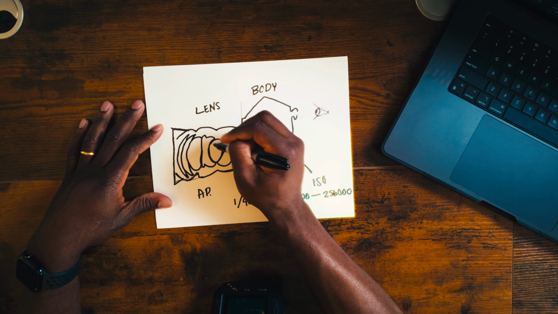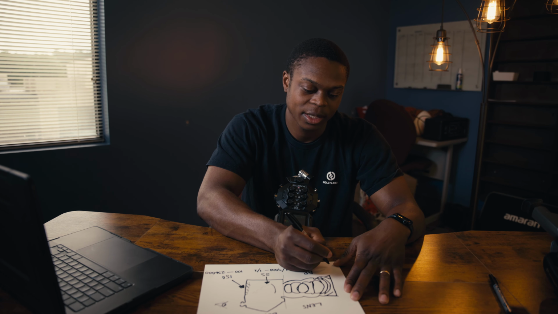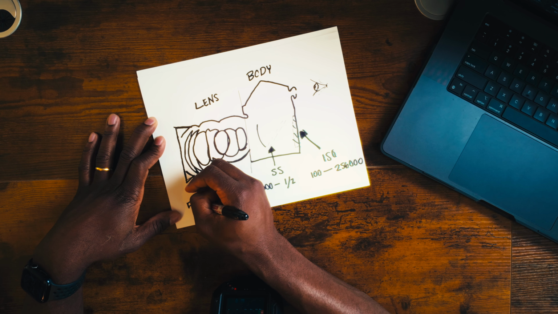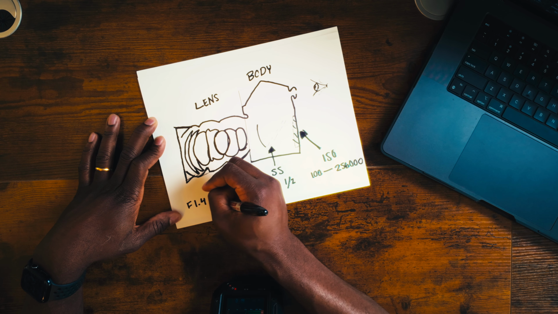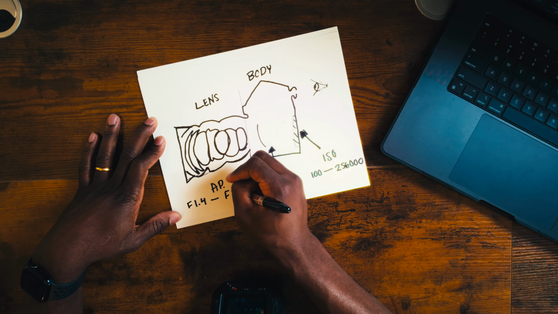This is usually denoted by f-stop on most lenses, but once you get into cinema glass, you'll see it denoted as a t-stop. The only difference between those two is that t-stop is a more accurate measurement of how much light you're actually letting into the sensor. So you'll usually see this denoted by f1.4 all the way up to usually f22.